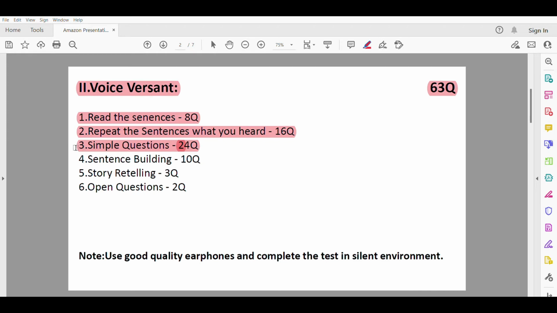Next, sentence building. It comprises 10 questions. What does sentence building mean? There are some sentences given in the version test, but we have to build those sentences. It means we have to arrange the sentences, or they ask us to speak the sentences.